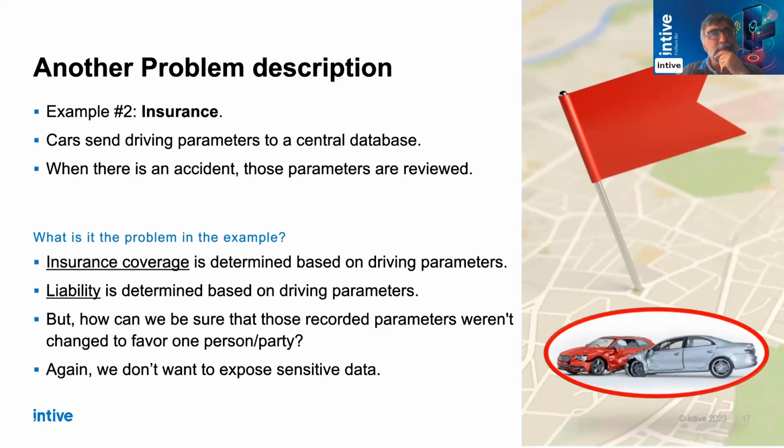Insurance coverage is determined based on driving parameters, and liability, of course, is determined by these driving parameters too. How can we be sure that those recorded driving parameters weren't changed in favor of one party, and verify that the insurance company did not tamper with the data? The master audit tool comes in again here.